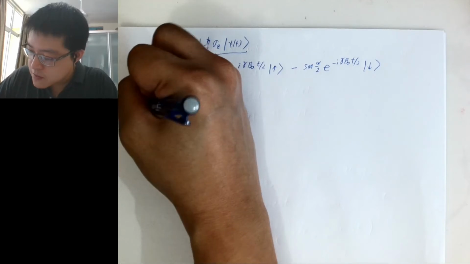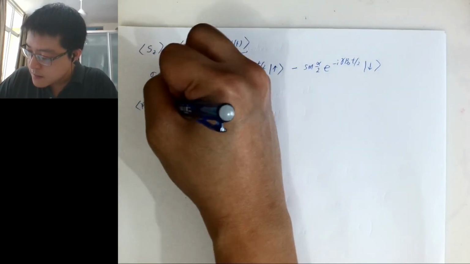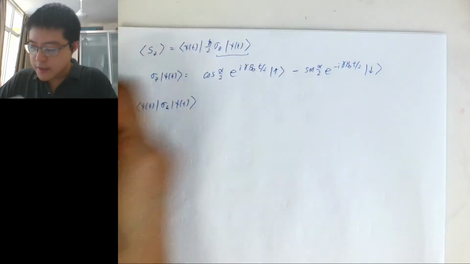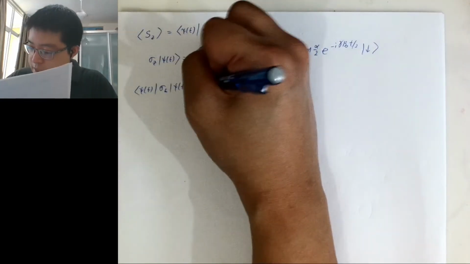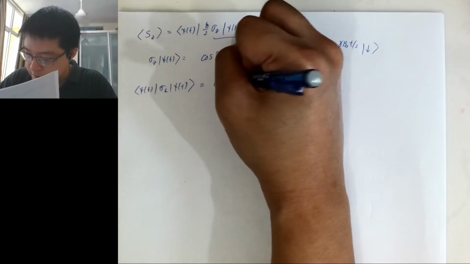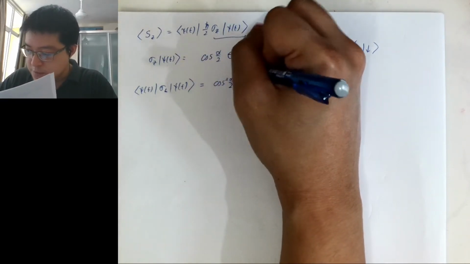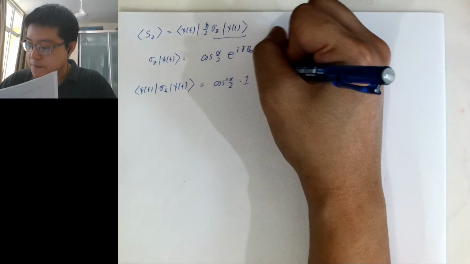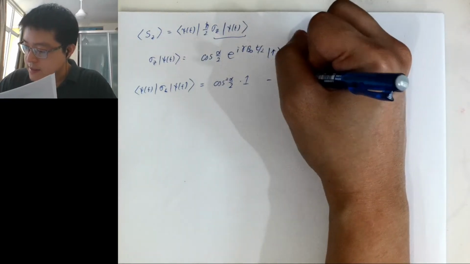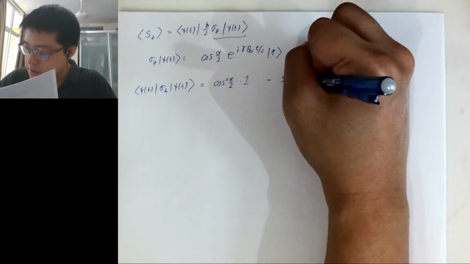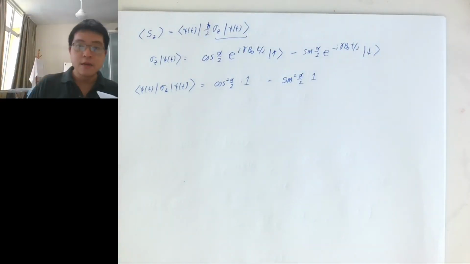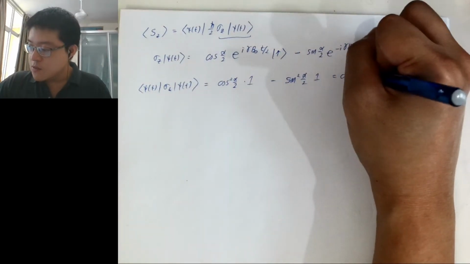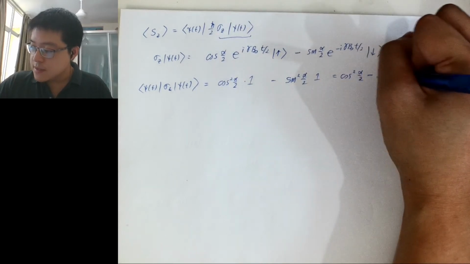If I close this with the bra again, acting on here, the first term is just cos squared alpha over 2. The exponentials cancel each other, so it becomes 1. The second term is just sine squared alpha over 2, the exponential times its complex conjugate disappears, becoming 1. So it's cos squared minus sine squared of alpha over 2.